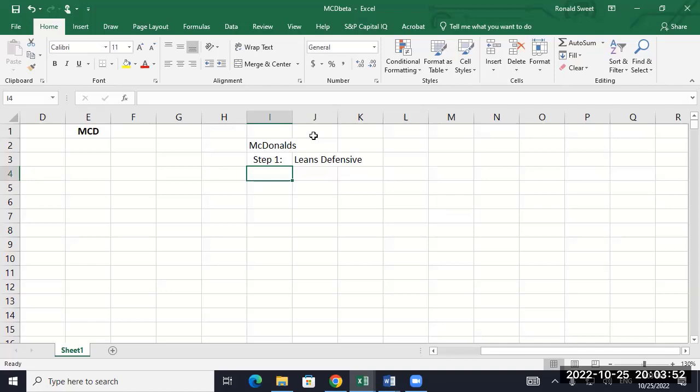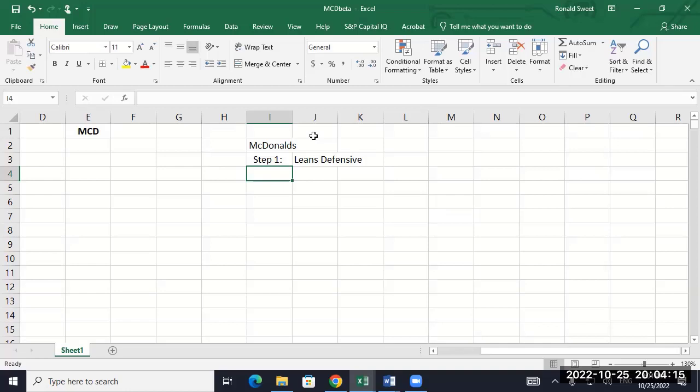Why do I say leans defensive? So this isn't Costco, is it? I mean, how many people say, man, I'm worried about losing my job, I'm going to start eating McDonald's? Now, there's no doubt McDonald's is a cheap place to get calories. You look at how much you're spending per calorie, it's a pretty cheap place to get calories if you're not worried about being healthy. But Costco's even cheaper. You can come out with a crate of calories.